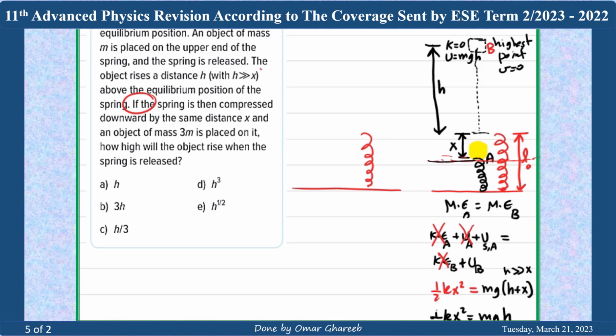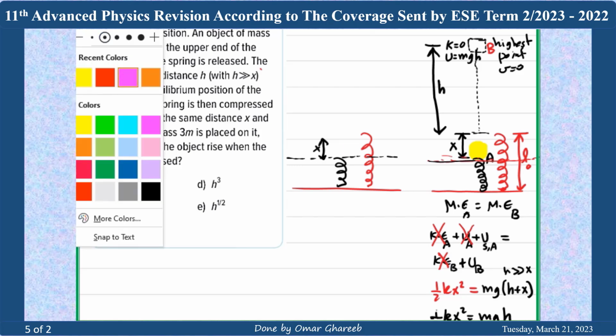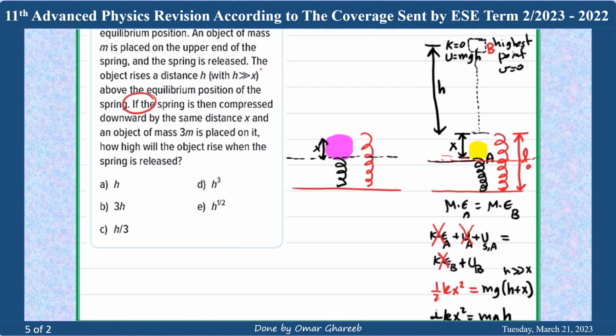Then we compress it by the same distance, x, and here is our reference plane, and here we have a new object which has a mass of 3m compared to the first one. The first one is m.